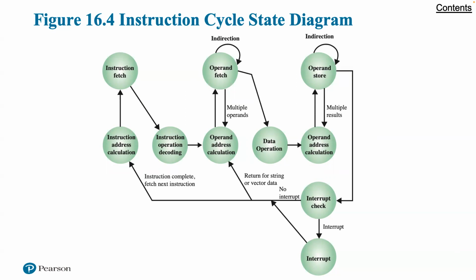Each input operand in memory is then fetched, and this process may require indirect addressing. Register-based operands need not be fetched. Once the opcode is executed, a similar process may be needed to store the result in main memory. So you can go ahead and pause the video and spend a little more time looking over that chart if you'd like.